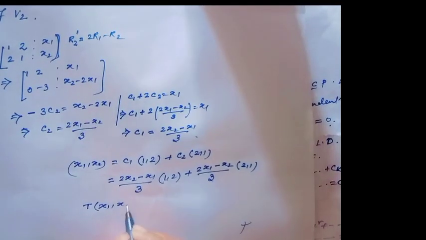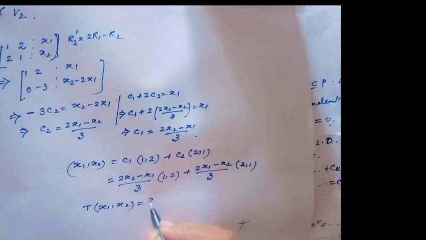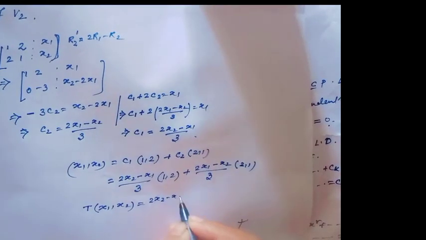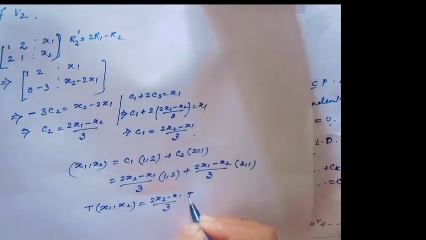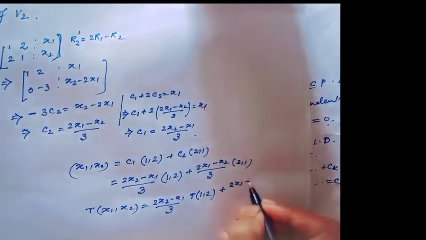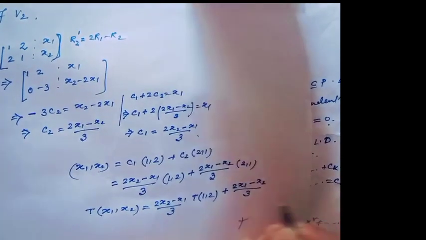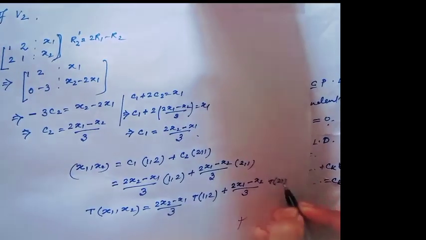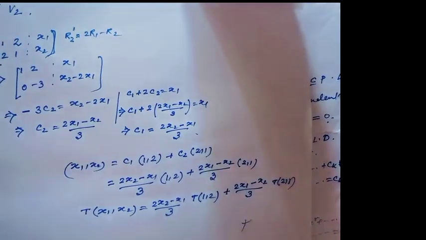Now apply T on both sides. Then T(x1, x2) equals (2x2 minus x1) over 3 times T(1,2) plus (2x1 minus x2) over 3 times T(2,1). Have you understood this method?